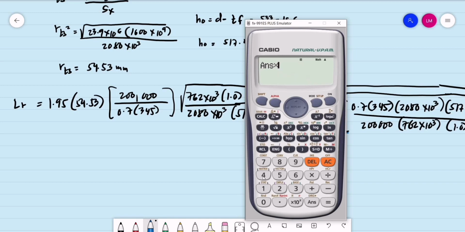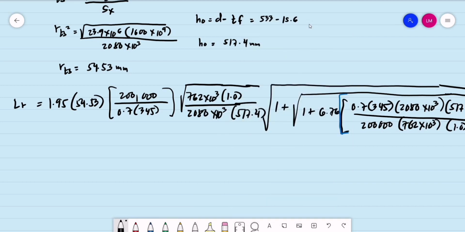Okay, then multiplied by 54.53, then 1.95. Okay, that is 5,517.99.